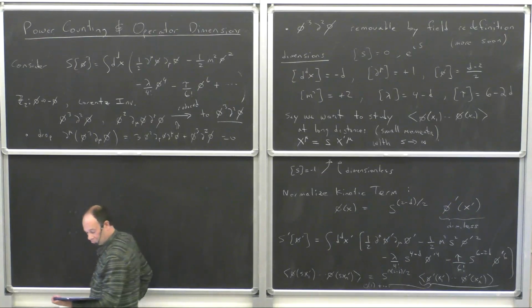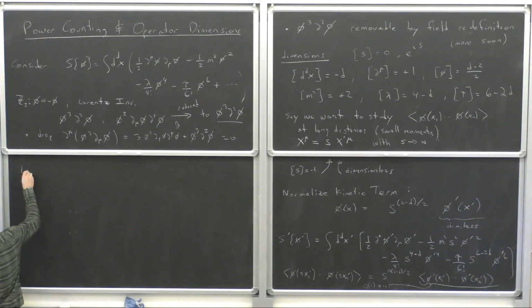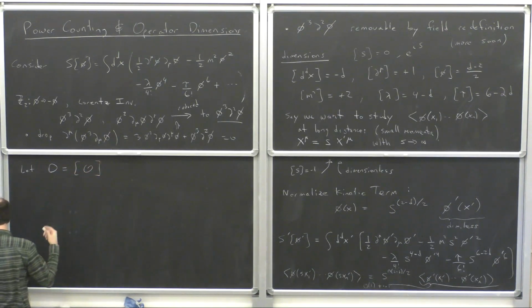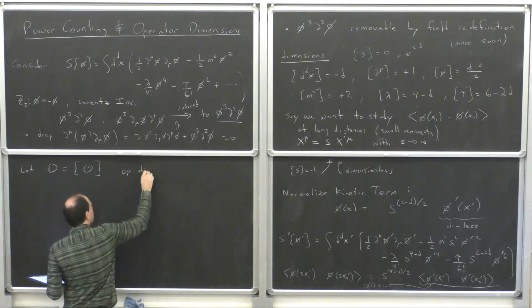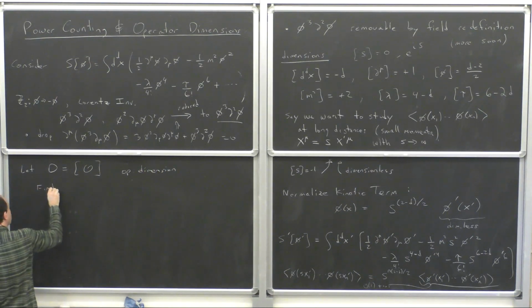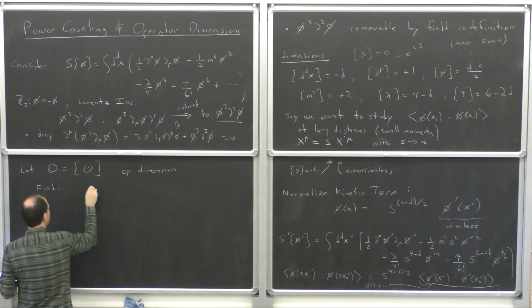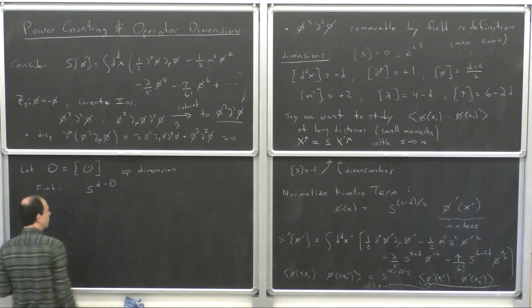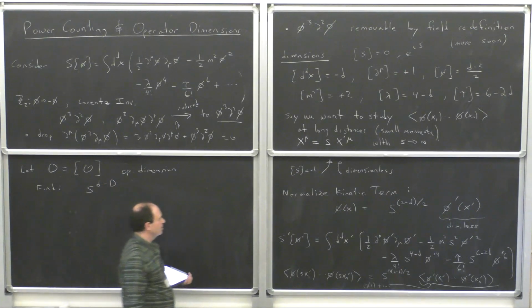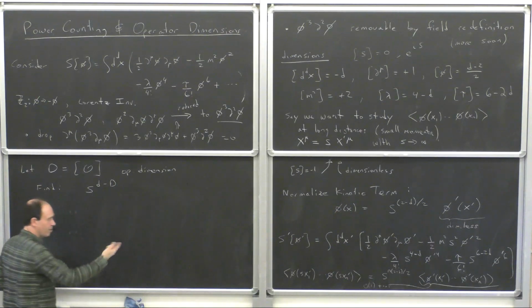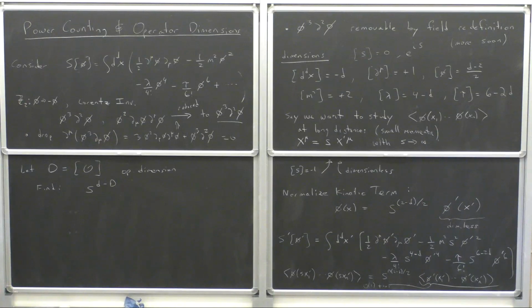So it's not too magical to imagine that if I let capital D be the operator dimension, whichever operator I'm looking at, what we have found, if you go back and think about where those s's were, is that the operators came in as s to the d minus capital D. The little d came in because of the ddx becoming a ddx prime, and then the rest of the powers of s just came about from the structure of the operator, its dimension. They were just tracking its dimension. That's what the s's were doing.